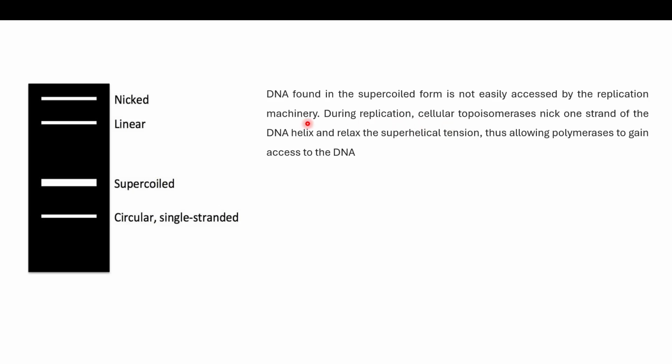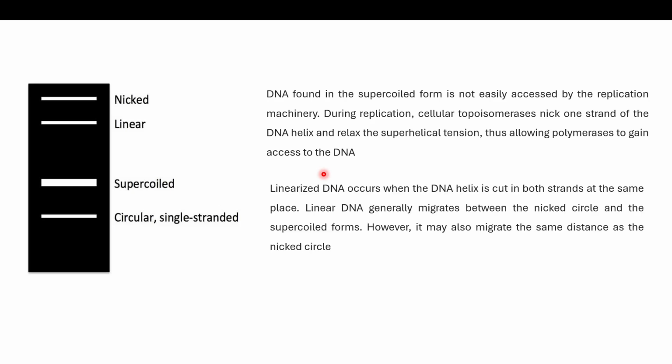It might have nicked strands, or most of them should be in their supercoiled form. Some might be linear, where both the strands have been cut. This is because the cells have been harvested at the time when their metabolic activities were going on naturally.